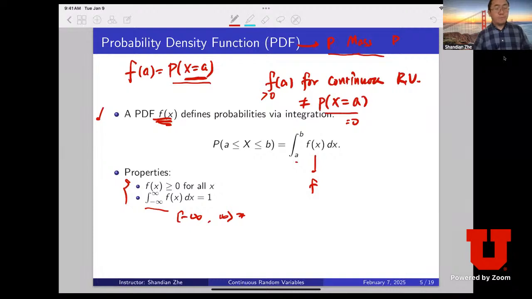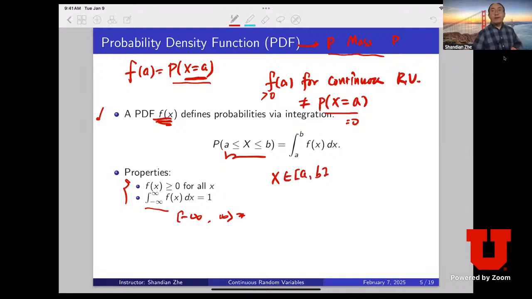So just make sure you're very clear about this difference, right? Okay. The probability density function is a tool to calculate a particular type of event. Those events are represented as the random variable's value belonging to some range.